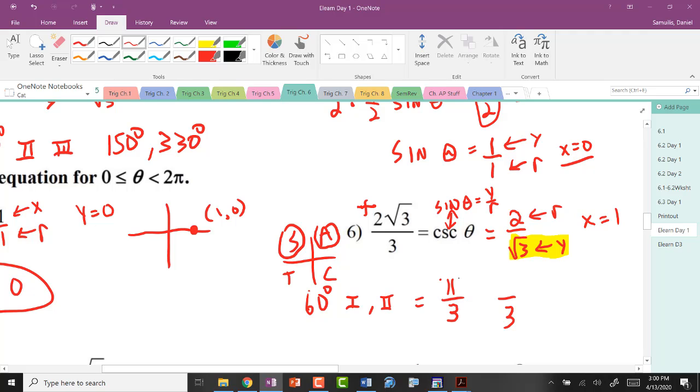The quadrant 1 ones are always just pi over 3. The quadrant 2 one, again, this is 3 pi over 3, jump backwards, and that's 2 pi over 3. So we're getting that exercise of remembering those radian measures and how they relate to degree measures.